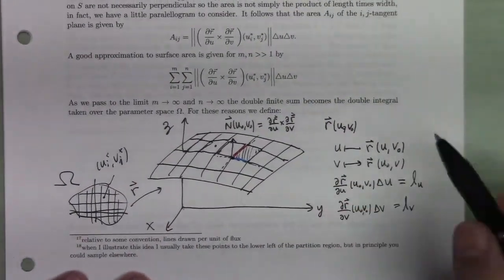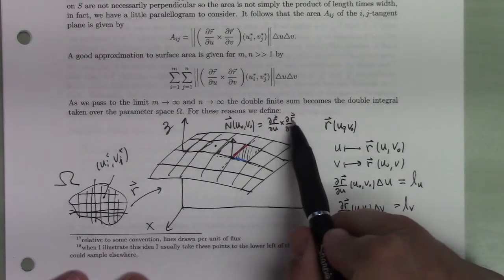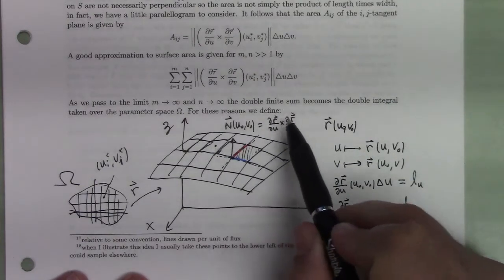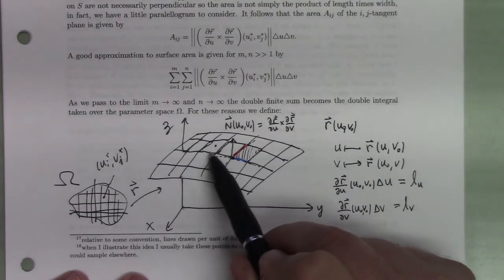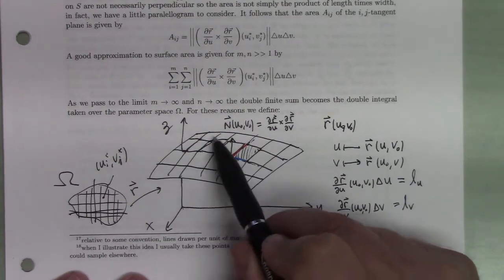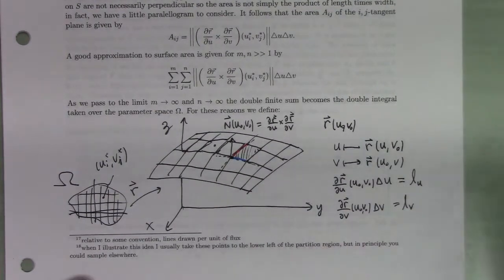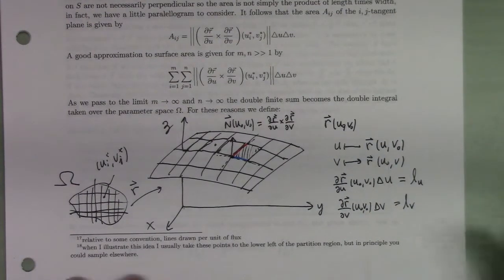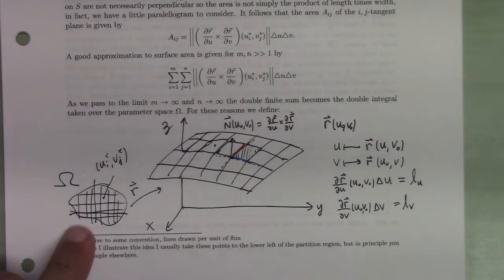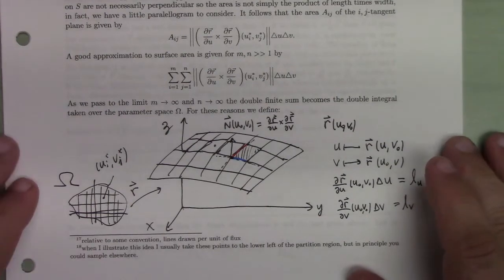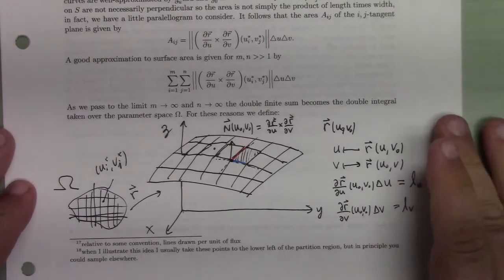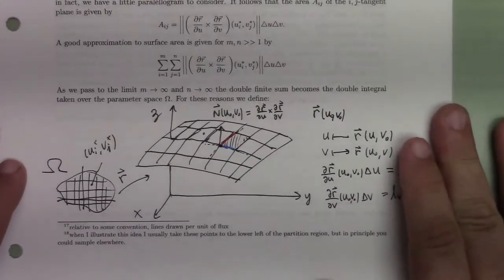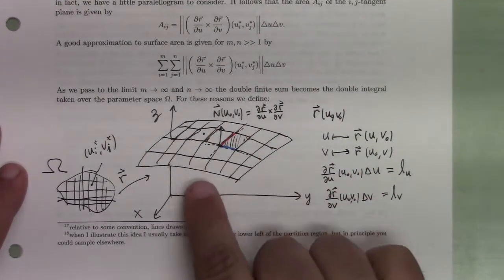Then you can anchor the coordinate derivatives at that point, and that will give you approximately the appropriate side vectors for the approximating little parallelogram there. If you take the limit as the partition gets infinitely small, and add these things up, that should give you a very good approximation to the surface area of that surface.